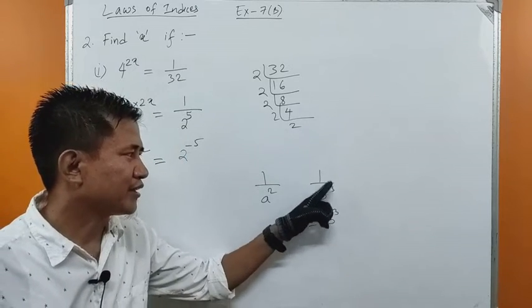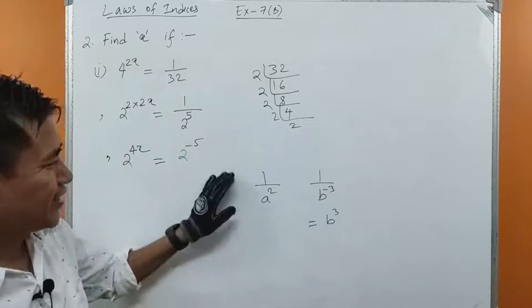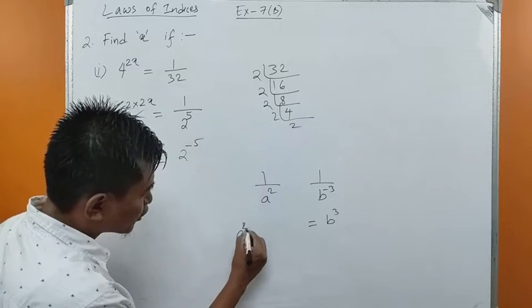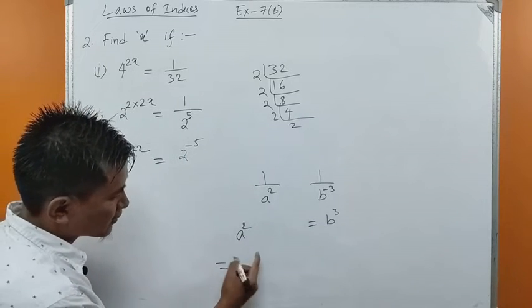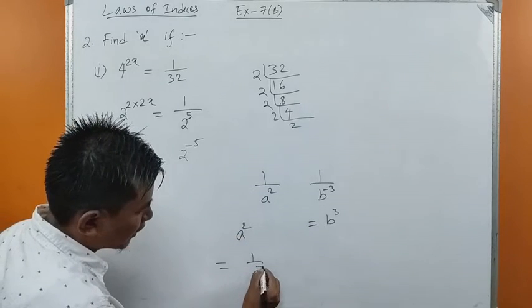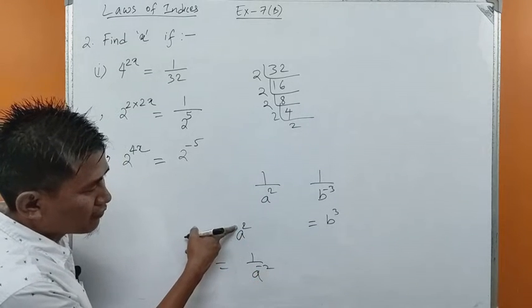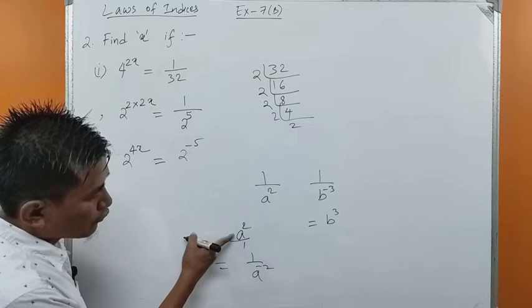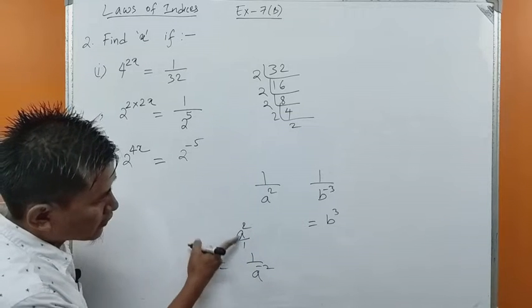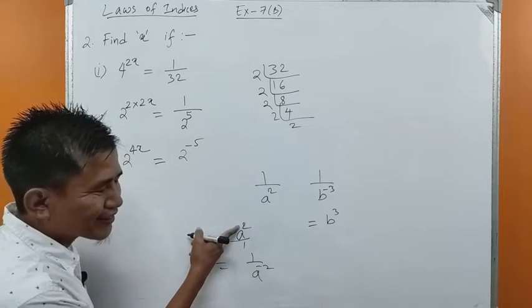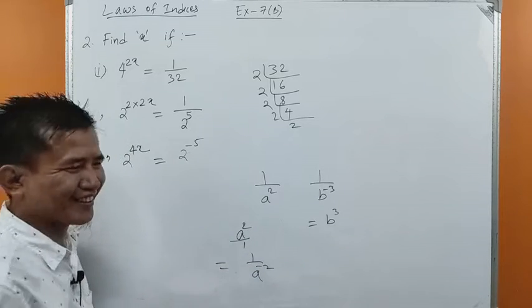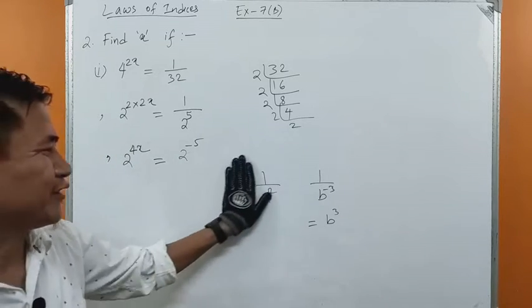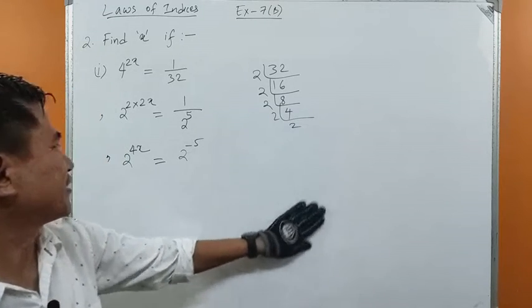If the power is minus, then it becomes plus. Similarly, if we have a square in the numerator, you can write this as 1 upon a to the power minus 2. This power was plus 2 in the numerator, a square upon 1. So if you take this a square to the denominator, the sign of the power changes to minus. Okay. Similarly, if the power is negative, it becomes positive. I hope you got this.